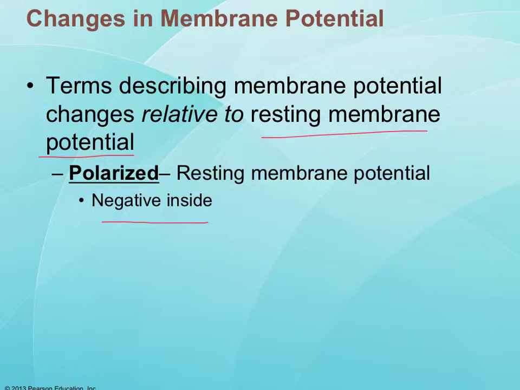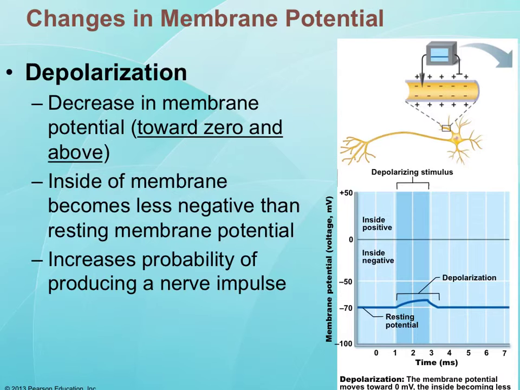That's normally minus 70 millivolts for neurons. Since polarized is defined as negative inside, anything that changes this condition, making it more positive, neutral, or less negative, we call depolarization.